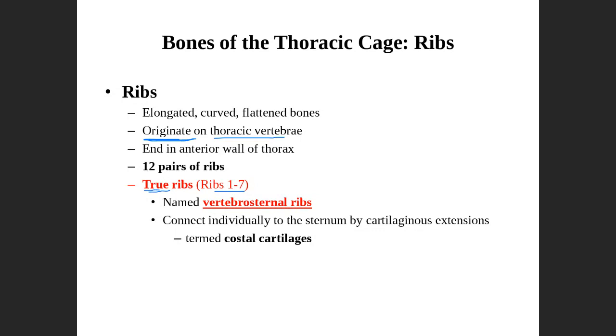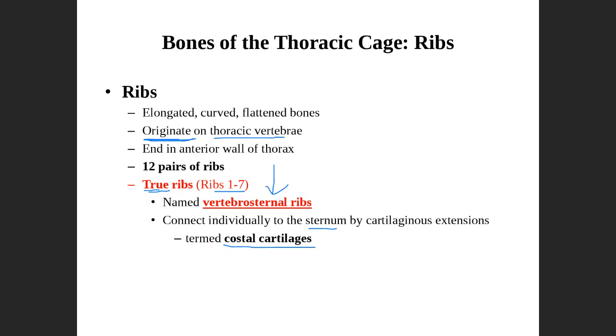And their cartilage will directly articulate with the sternum, and we call that cartilage costal cartilage. So they come off of the spine and their costal cartilage directly articulates with the sternum. That's 1 through 7.